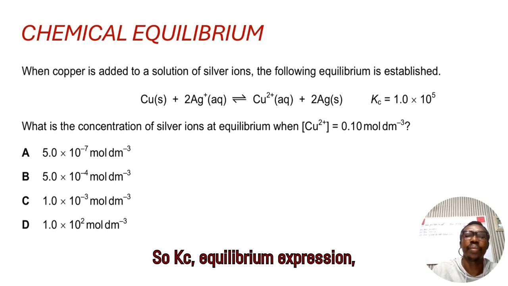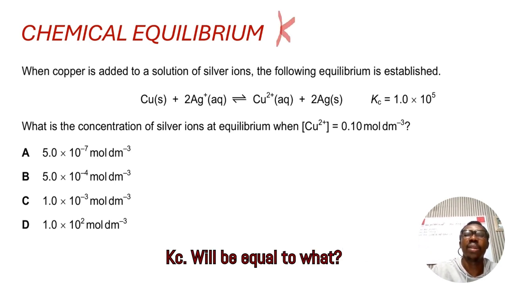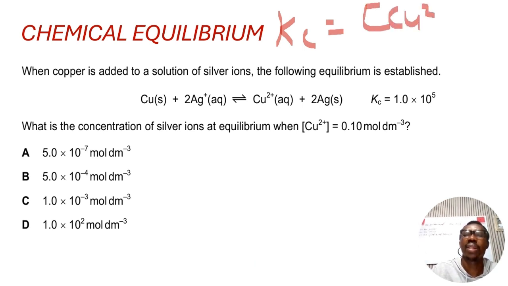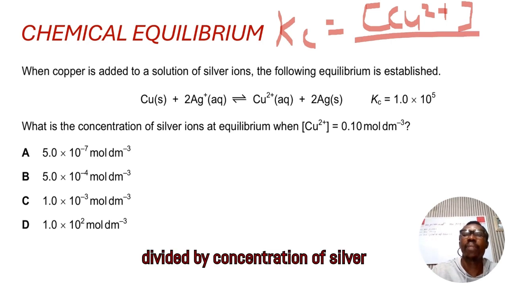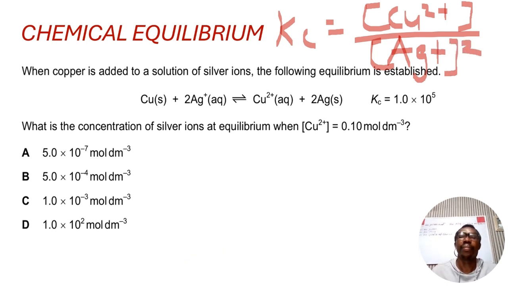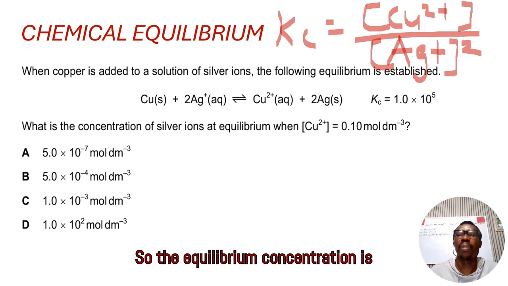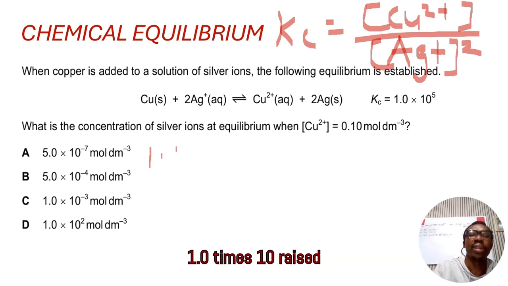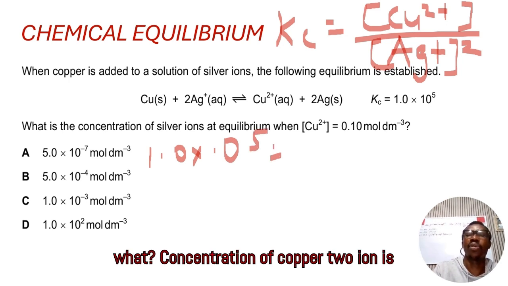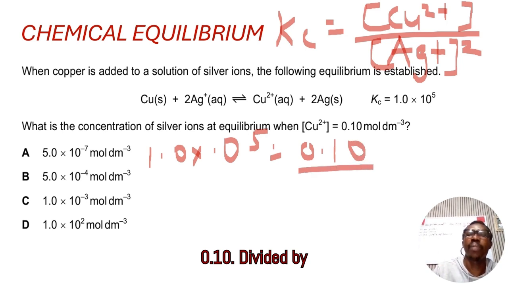So Kc, the equilibrium expression, will be equal to the concentration of copper(II) ion divided by the concentration of silver ion, all raised to power 2. So the equilibrium constant 1.0 times 10 raised to power 5 will be equal to the concentration of copper(II) ion, 0.10, divided by the concentration of silver ion squared.